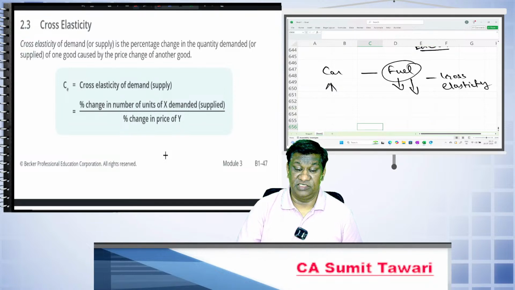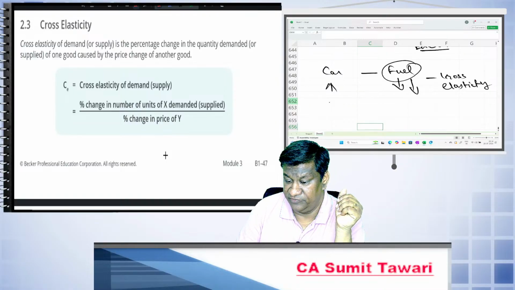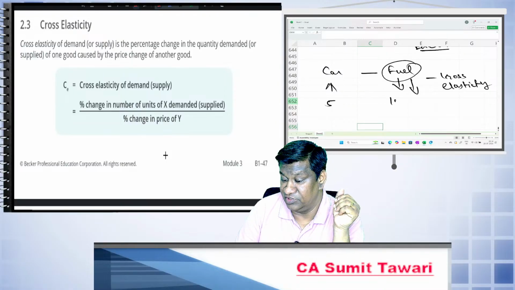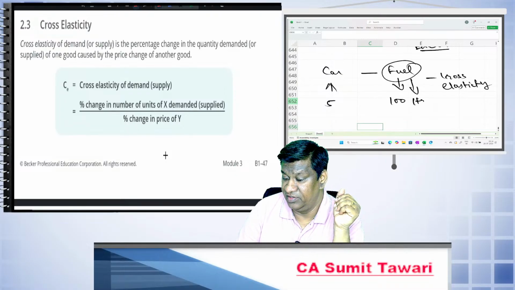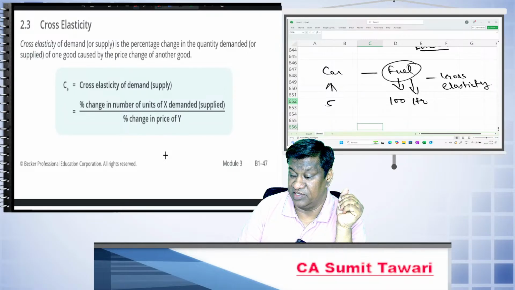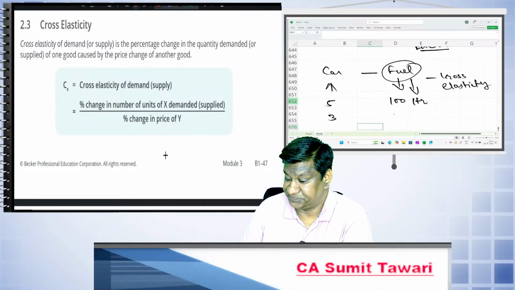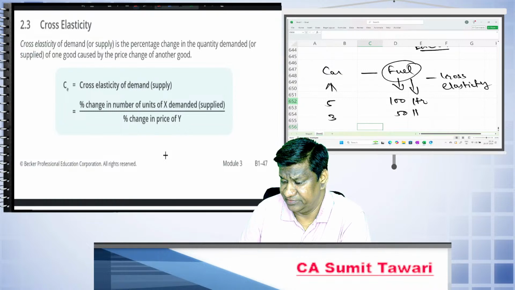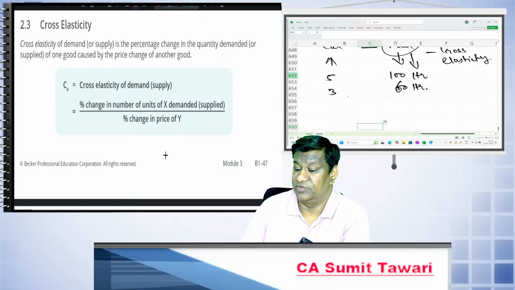So the formula is percentage change in the quantity demanded of one product, divided by percentage change in the price of the other product. Say if you buy 5 cars, you are going to consume 100 liters of fuel. But because the price of the car increases, you buy 3 cars, and because of that the quantity demanded is say 50 or 60 liters.